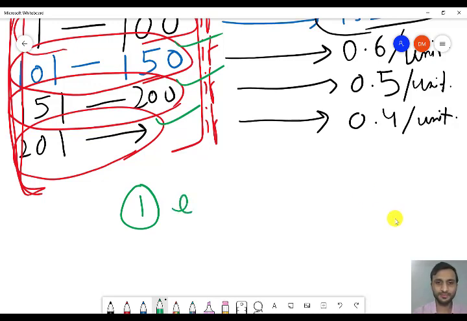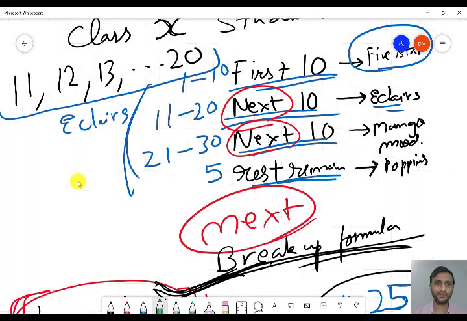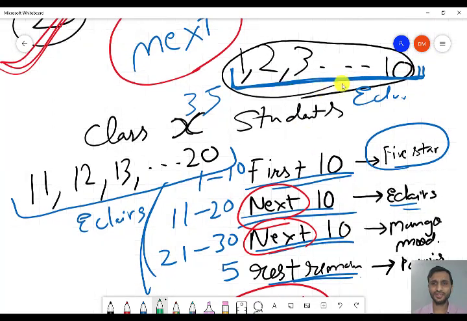So for example, total electricity consumed is 130. For the first 100 it is 250. If you remember the example I gave you, the student example, when the teacher called the next 10 students for eclairs, did he give the first 10 students eclairs too?